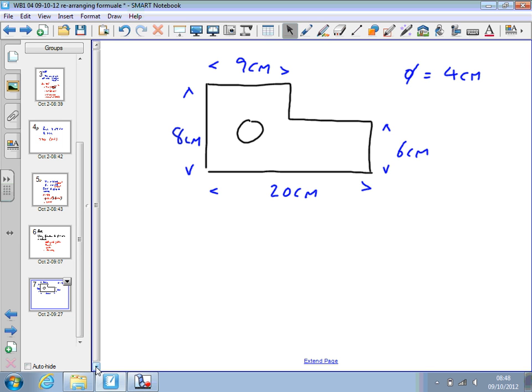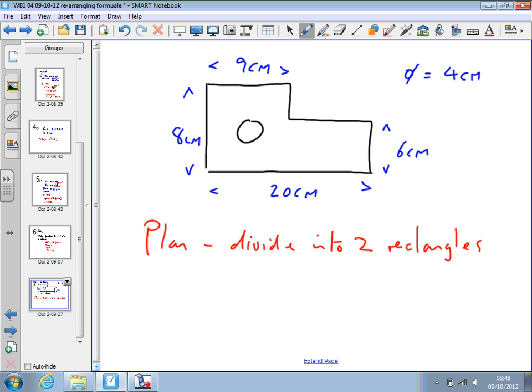So, how are we going to set about doing this problem then? Right, divide into two squares. How do you know they're going to be squares? Right, so what word would you use instead of squares? Two rectangles.